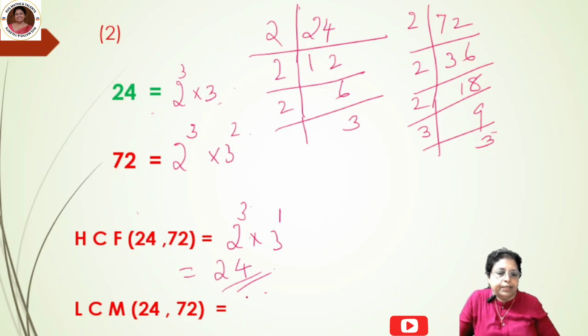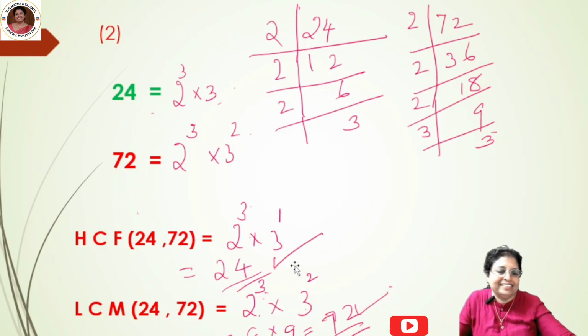LCM is list out all the factors 2 and 3, highest powers, that is 3, and here it is 2. So this is 8, 3 square is 9. 8 9s are 72. So here you can see HCF is 24 and LCM is 72. Okay, I think all of you got it.